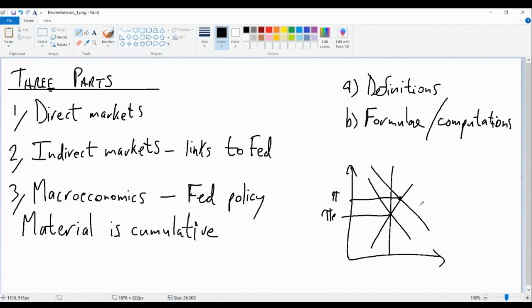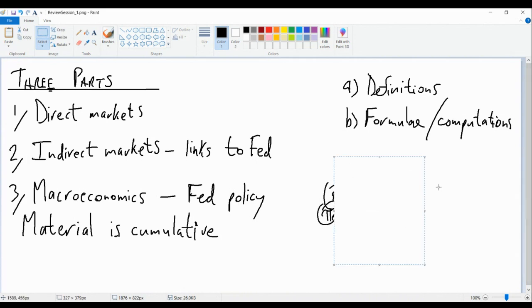These could have been actual numbers, right? If we knew what the formula were for these curves, if we knew how far they moved and stuff, then these could have been actual numbers. We didn't do that. We could have, but we were more focused on concepts than on doing computations at the end, so that's fine.